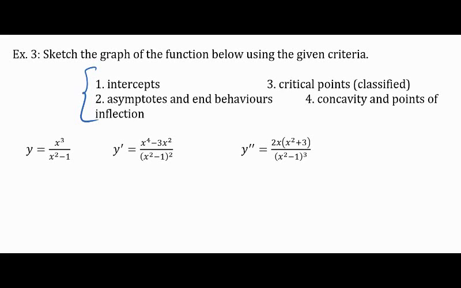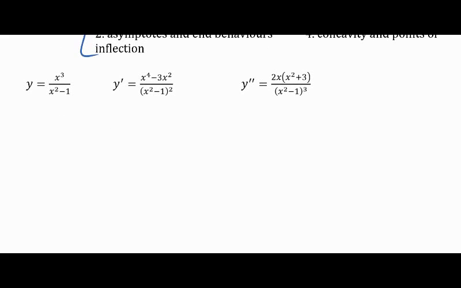So you're going to do that in your second derivative chart, and then also make sure that they're drawn and labeled somehow on your sketch. And concavity, that's in the second derivative chart, and points of inflection, again, will be summarized there, but then also shown in our sketch. So let's get started because we only have 15 minutes.